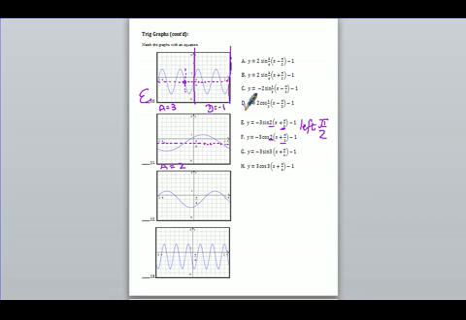The next thing I want to look at is the period. Now notice my choices are 3/4 or 1/2. So what I want to do is look between 0 and 2 pi, which would be about right here, and try to determine, is that 3/4 of a graph or is it half of a graph?